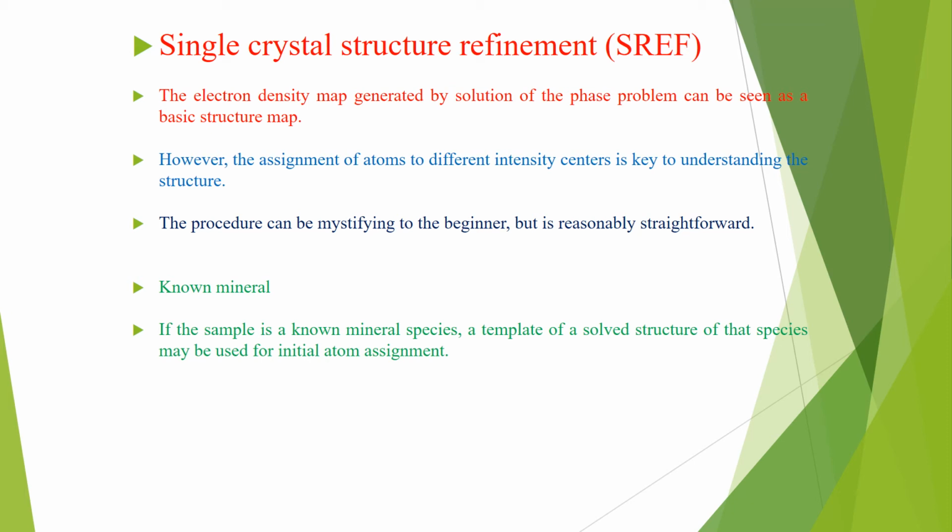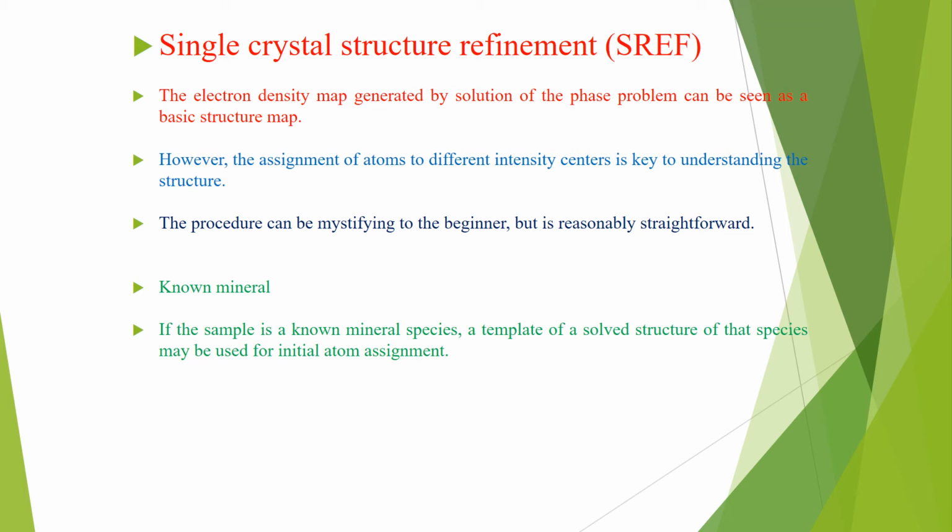However, the assignment of the atoms to different intensity centers is key to understanding the structure. The step of atom assignment is referred to as solving the crystal structure, and the procedure can be mystifying to the beginner but is reasonably straightforward.